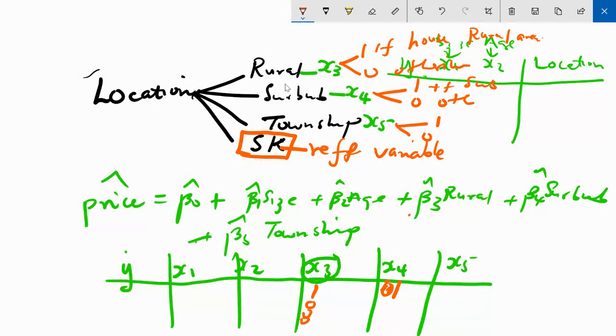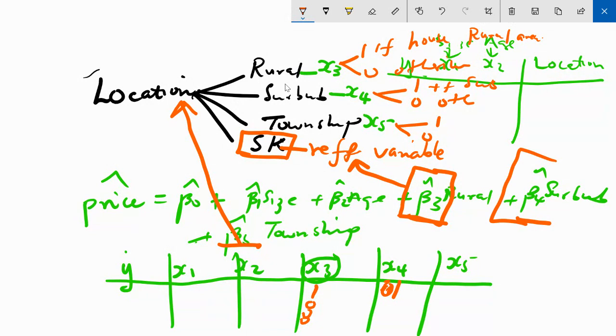If you have noticed, X3, beta 3, beta 4, beta 5, they're from what? They're all from location. Whenever you interpret this beta 3, you must reference squatter camp. Whenever you interpret beta 4, you must reference squatter camp. Whenever you interpret beta 5, you must reference squatter camp. Because that is why we call it a reference variable.